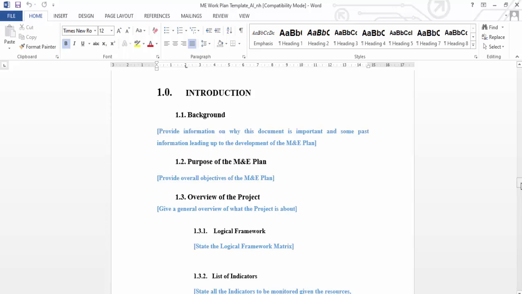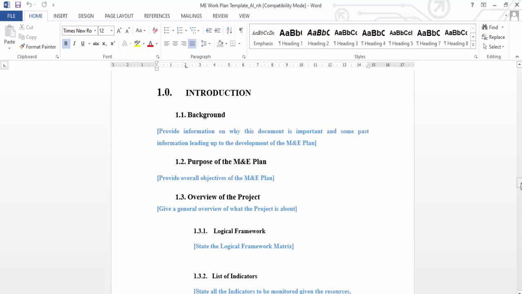Remember, guys, if this M&E plan is for a project, a project has a lifespan. So if a project is running for 2 to 3 years, that's its lifespan. So the M&E plan will be aligned to that lifespan, which is 2 to 3 years, for example.